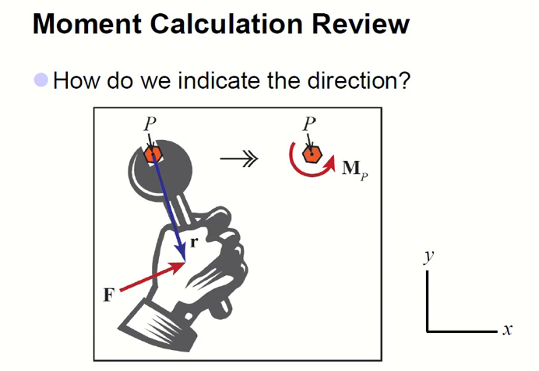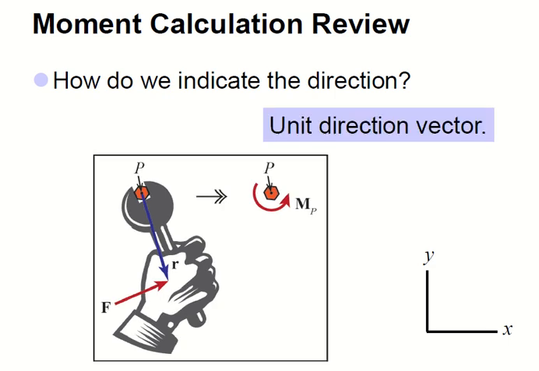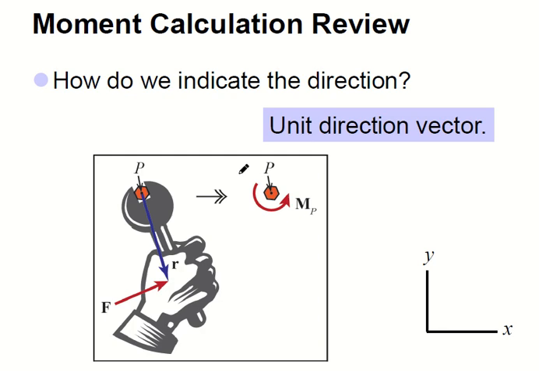So how do we indicate the direction? How are we going to show that? First we're going to put it into the unit vector. Sometimes we have to use a vector to be able to describe the direction. So the unit direction vector is what we're going to use to describe that.